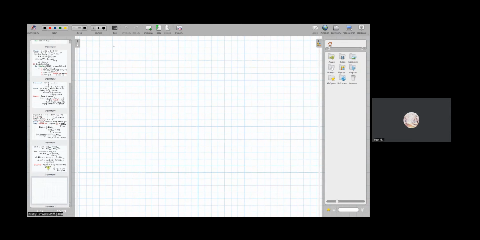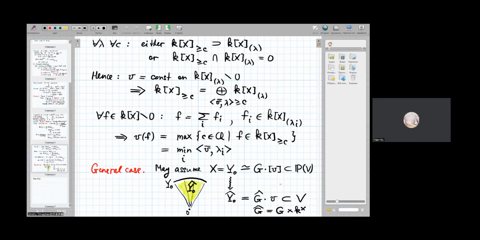So let's consider the function field on this conic orbit Y_0 hat, the field k(Y_0 hat). Of course, it contains the field of functions on Y_0, just because we have the projectivization map from this orbit in a vector space to this orbit in the projective space, and this gives you the inverse inclusion of function fields.